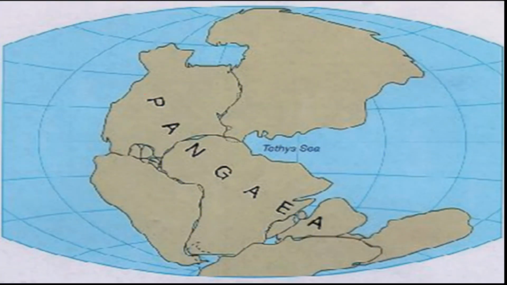Now, if you look at the landmass, according to the theory all the continents were together and engulfed by an ocean which was termed the Tethys Sea. And here is India. This is your Indian subcontinent, which was located thousands of kilometers south of the equator, and it moved towards the north and finally collided with the Eurasian plate.